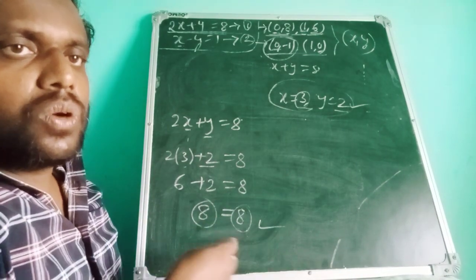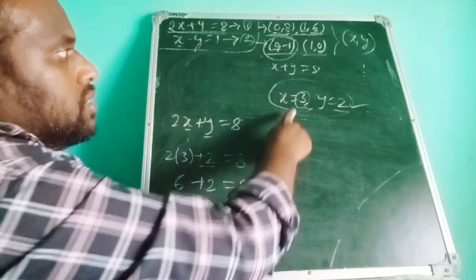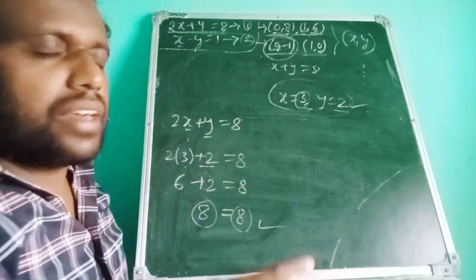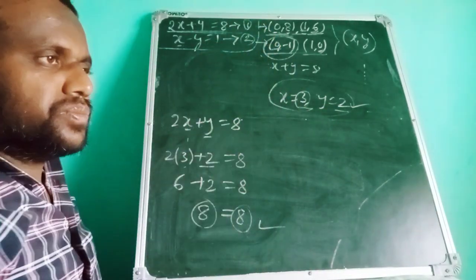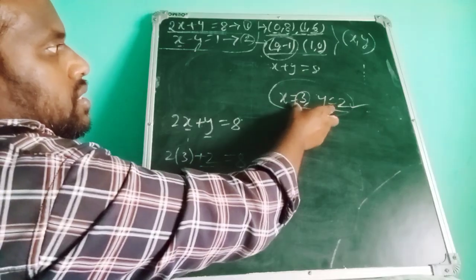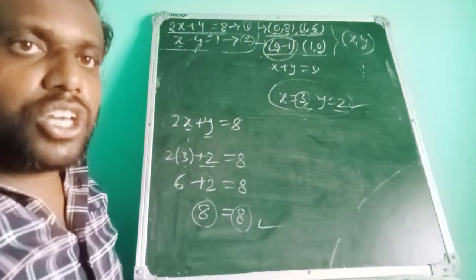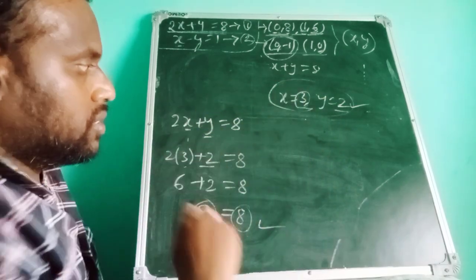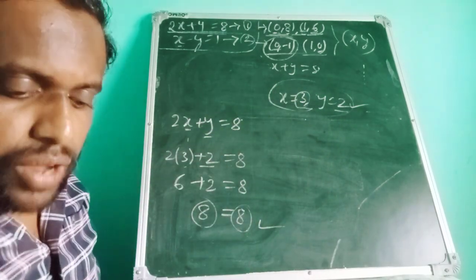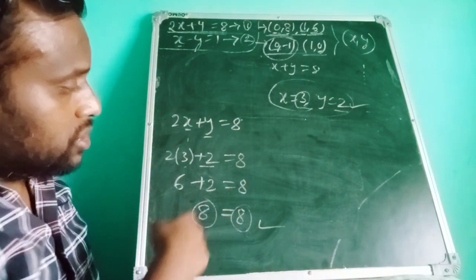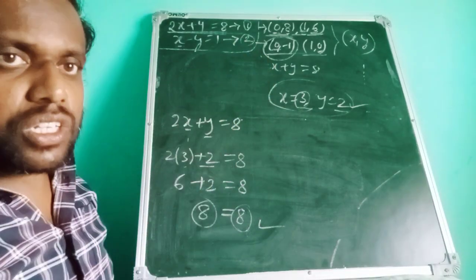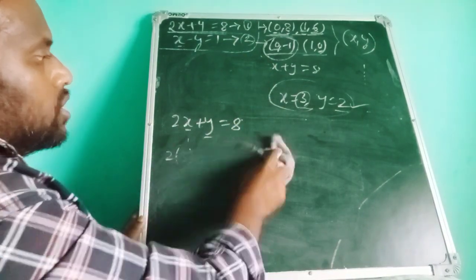When you get LHS is equal to RHS, that means these x and y values are satisfying equation 1. That means this is the correct solution for equation 1. Okay, like that you can verify whether it is correct or not. Now we have to check the same thing for equation 2 also. Okay, we will check that also.